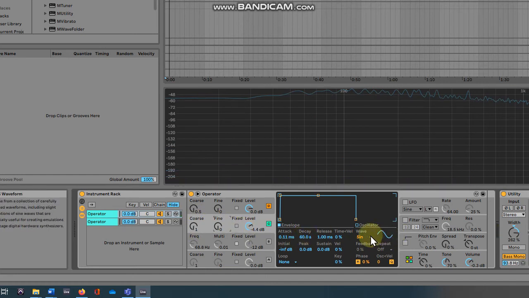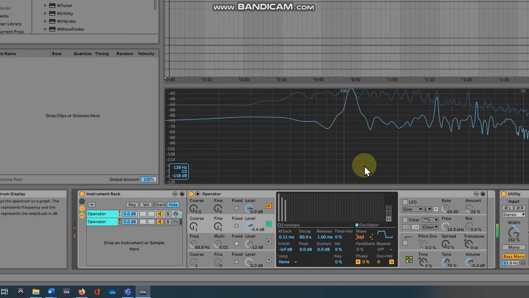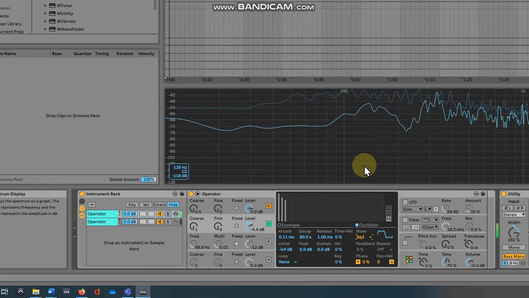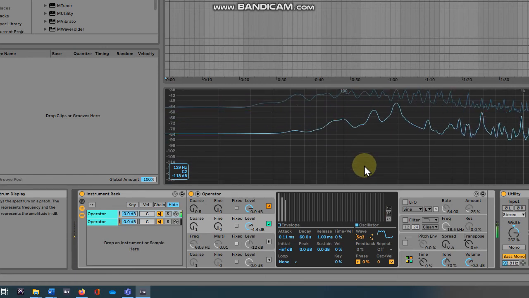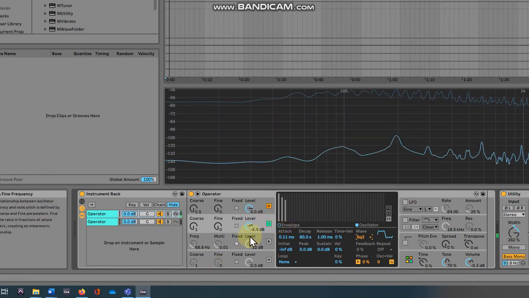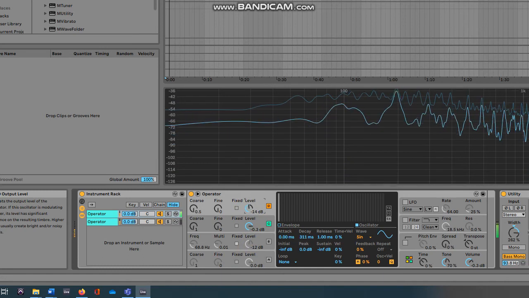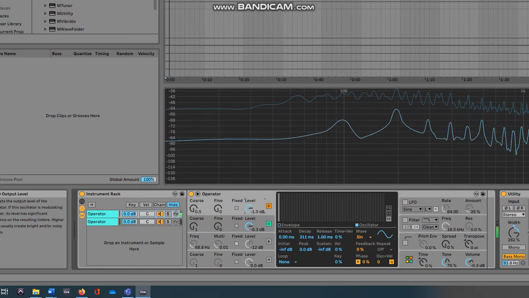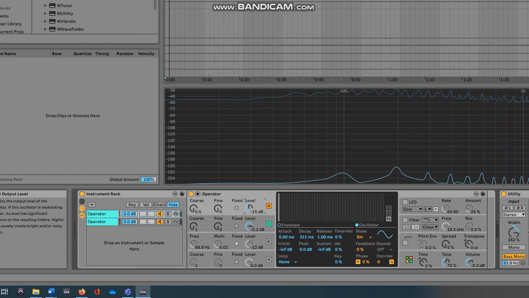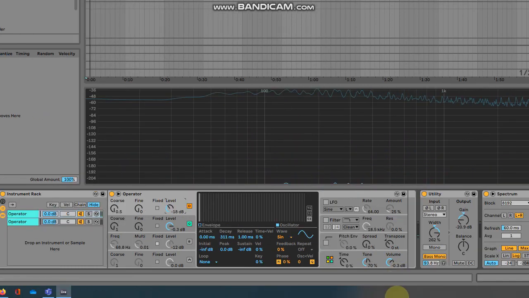But we could make it a square wave, and it has a different sort of effect on it, as the effect is kind of modulating it. And again, an infinite number of things you can do with it. That is FM synthesizers. Thank you very much.